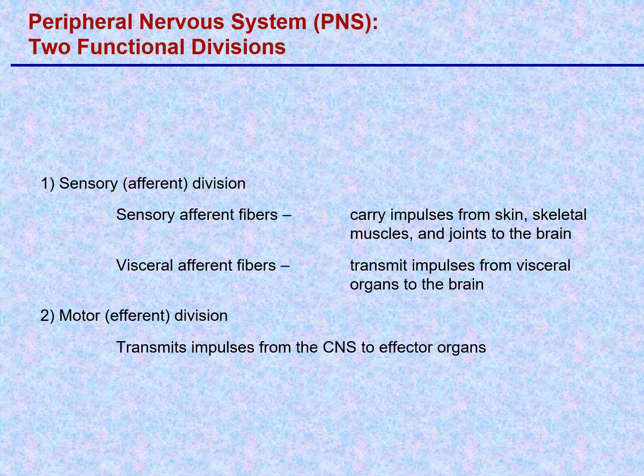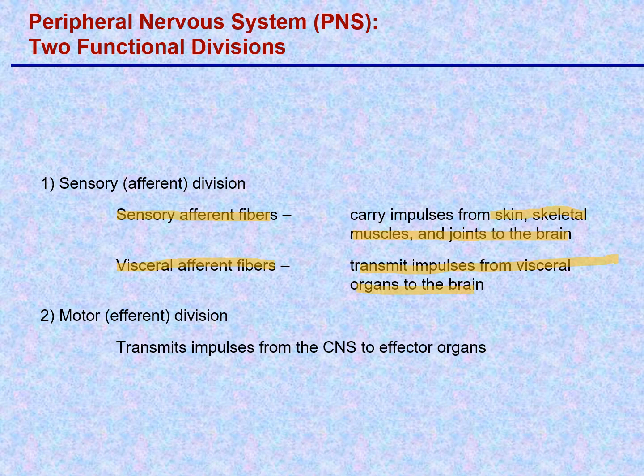The sensory division, that picks up sensory information, incoming afferent information, has two parts. There's sensory afferent fibers and visceral afferent fibers. These sensory afferent fibers carry impulses from tissue like the skin, skeletal muscle, and joints to the brain. And the visceral afferent fibers, they transmit impulses from the visceral organs to the brain.